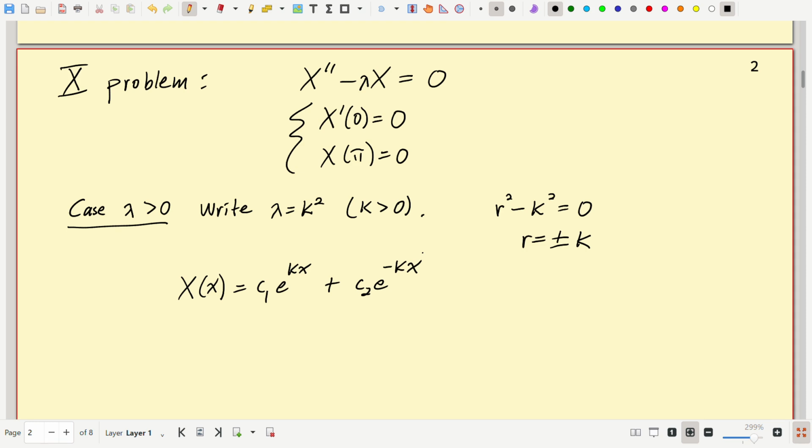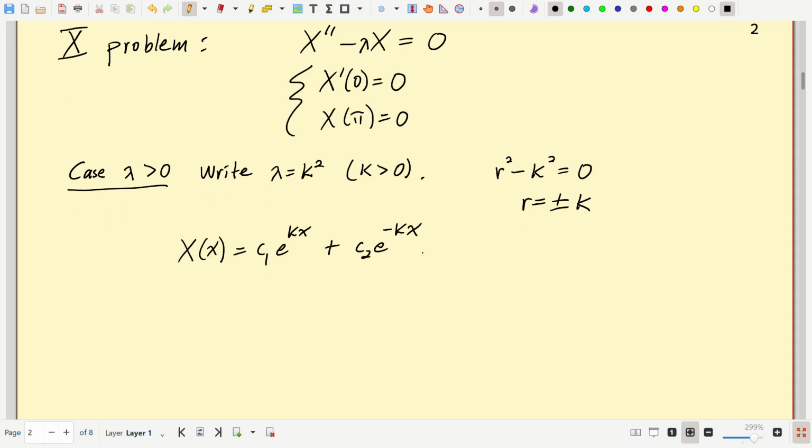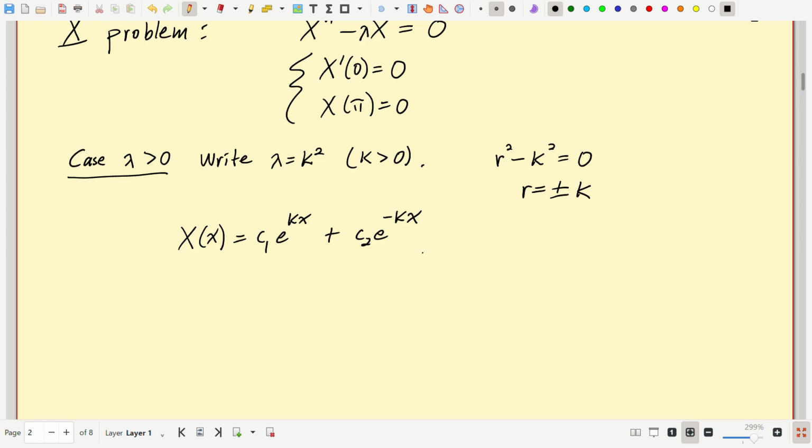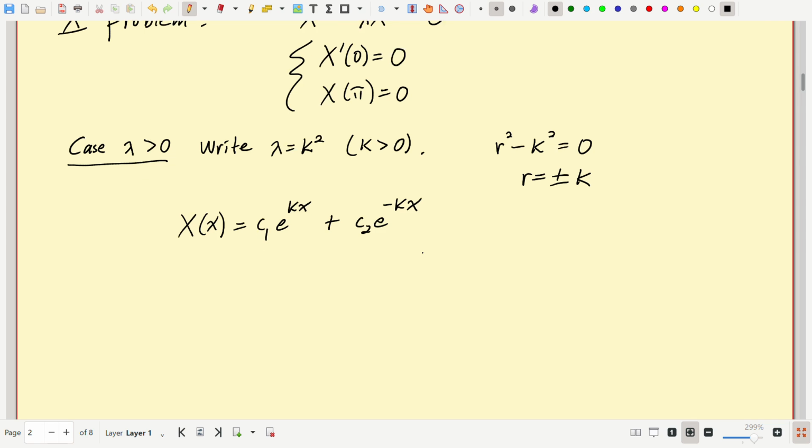And it turns out that the only way you can make those conditions hold is to take both c's to be 0. So why is that true? First I better calculate X prime of x. That would be c1k e to the kx minus c2k e to the minus kx.